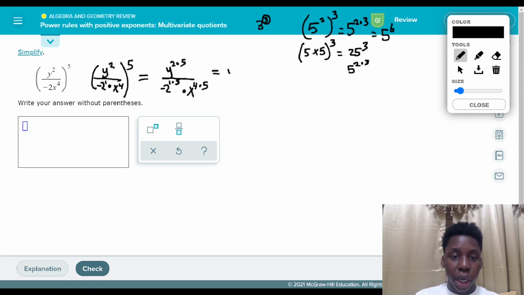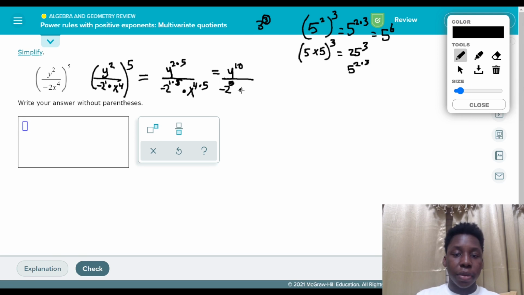So this equals y to the power 2 times 5, that's a 10, right? So this is y to the power 10 divided by minus 2 to the power 1 times 5, sorry, not 3. 1 times 5 equals a 5, right? So this equals a 5 here.